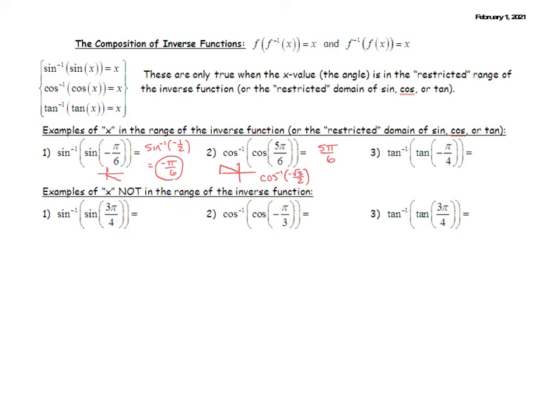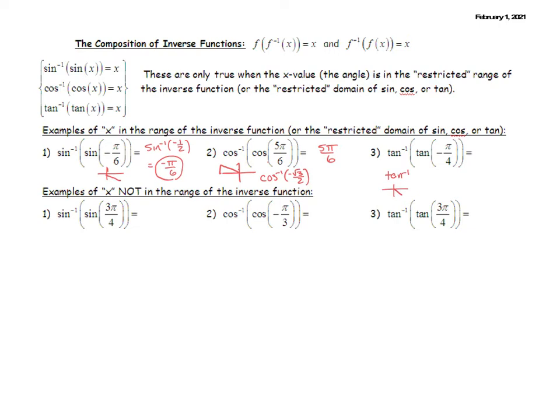So you can see in the first two, the inverse sine of the sine of the angle comes right back to that angle. Inverse cosine of the cosine of 5 pi over 6 is 5 pi over 6. Which means this last one, if it is indeed, like they said, the answer should be negative pi over 4, but we're going to make sure. This is going to be the inverse tangent of the tangent of negative pi over 4.